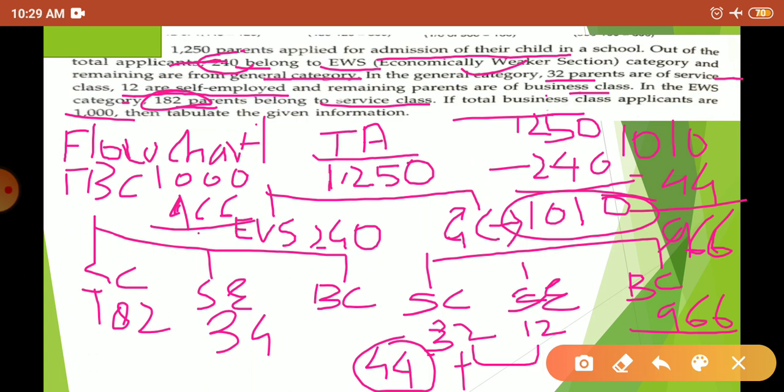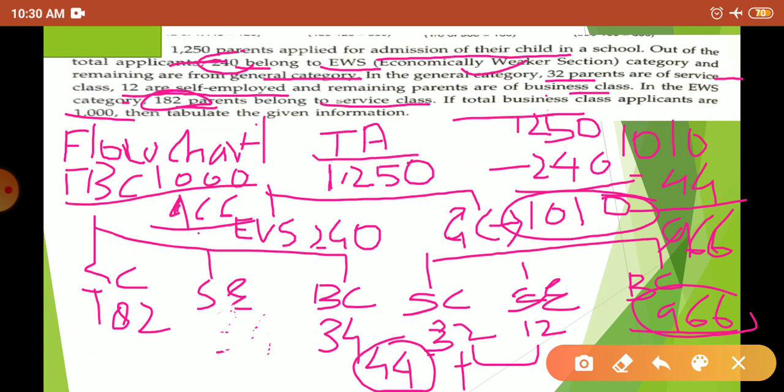No, this is of business class. Sorry, I had written it in the wrong place. So we get the total from the business class. Now this is 34. How did we calculate 34? Total business is given as 1000 and general category 966, so when we subtract 966 from 1000 we get 34.